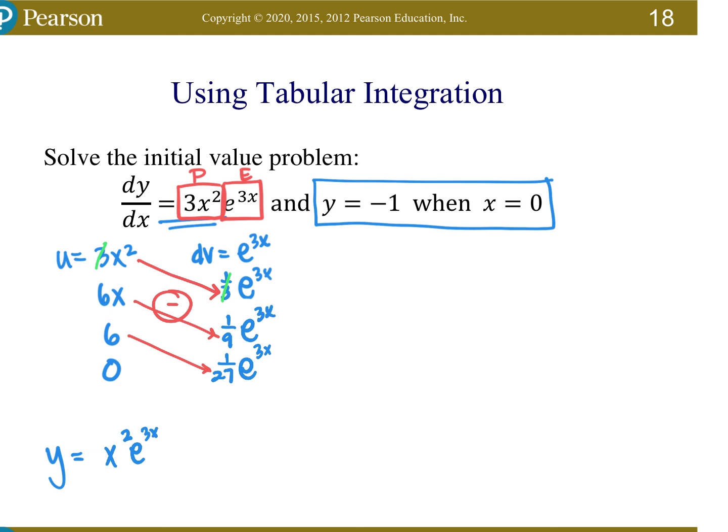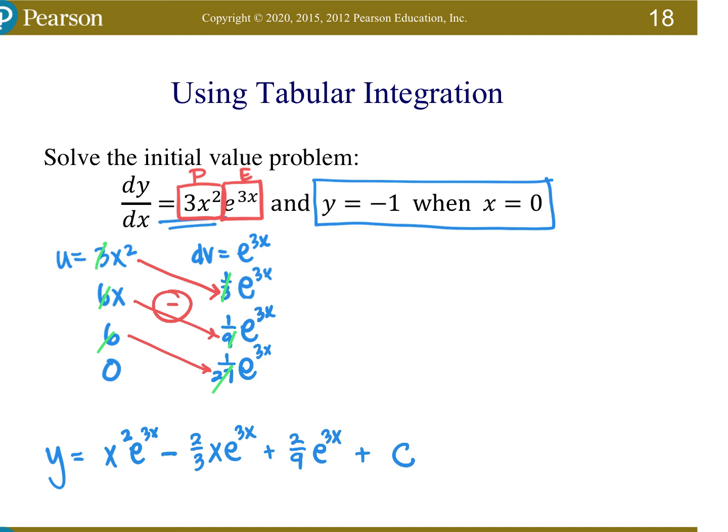My next pair will be minus, and the 6 will reduce with the 9, giving me a 2/3 x e to the 3x. And my last pair, my 6 will reduce with my 27, giving me a 2/9 e to the 3x, and then a plus c.